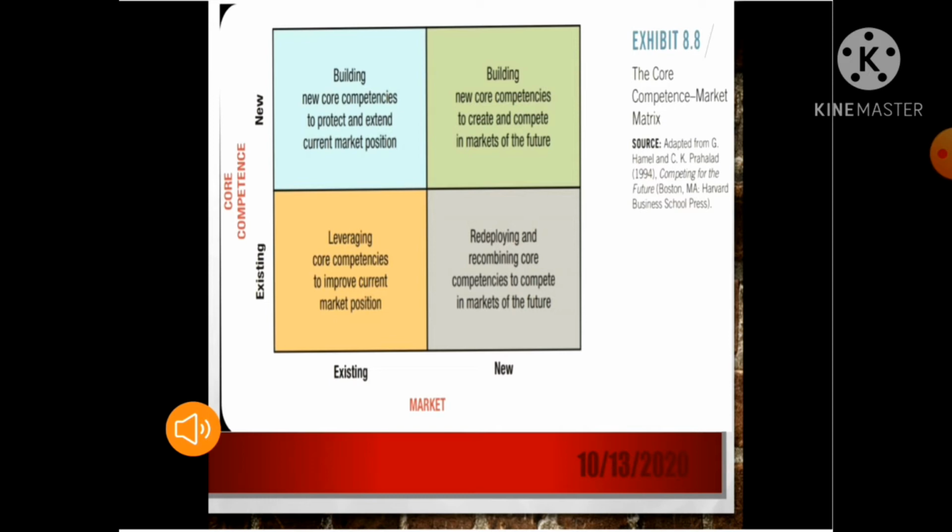This combination is called mega opportunities, those that hold significant future growth opportunities. At the same time, it is likely the most challenging diversification strategy because it requires building new core competencies to create and compete in future markets.